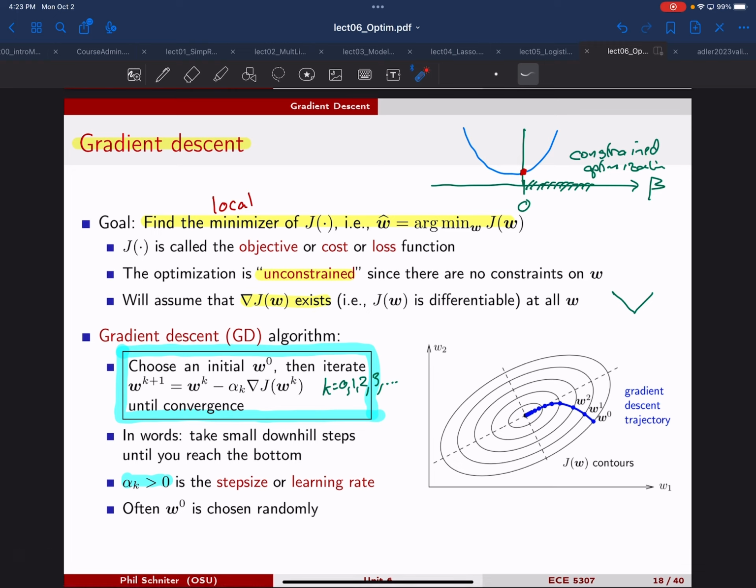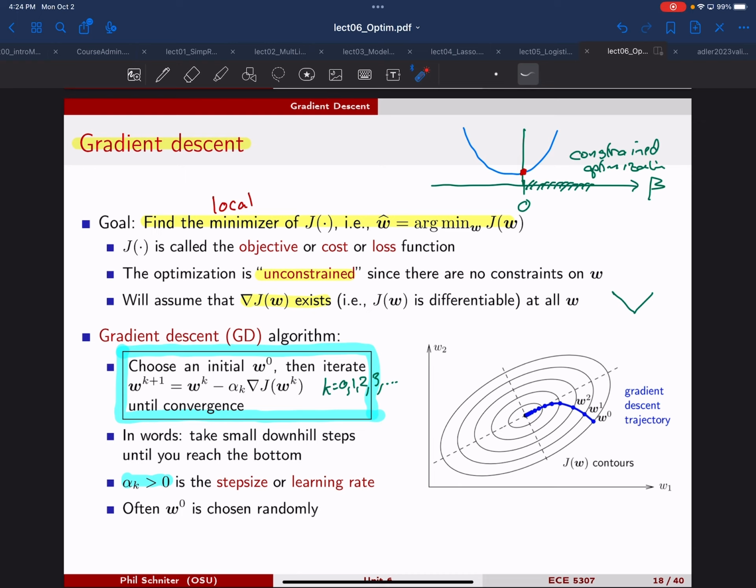Are there any other questions about gradient descent? Is this making sense, like what it's doing? Yeah, so the solution that we get may not be the best possible solution. It's going to be locally the best solution, but in a global sense, it may not be the best. Any other? Yes.